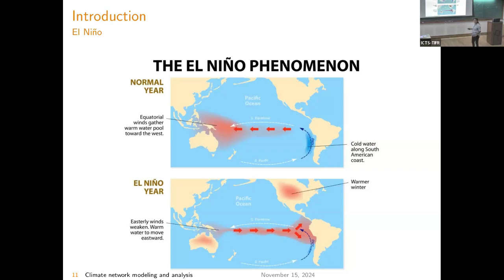But in the El Nino year, it flattens because the water flows eastward and the easterly winds weaken. So you have a higher SST in the El Nino basin, and there is a standard method to quantify this anomaly in the SST, which is the El Nino index.